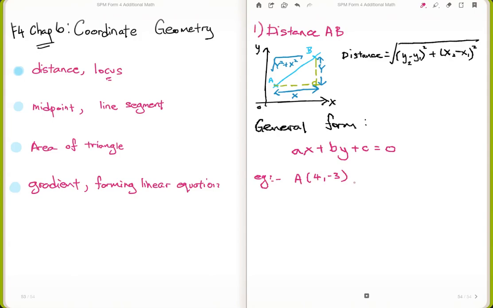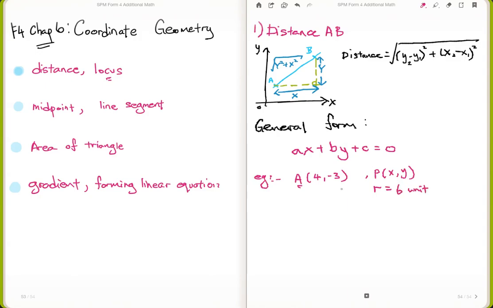And you are asked to find the equation of the locus of a moving point P(x, y), such that its distance from this fixed point is always, meaning r is always, 6 units.